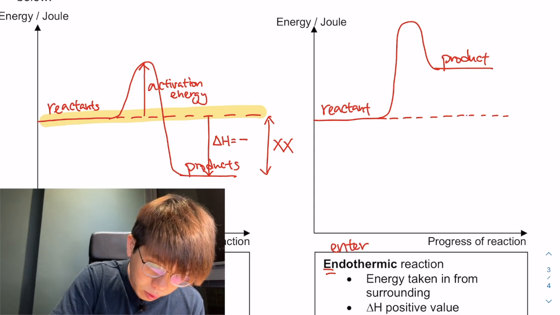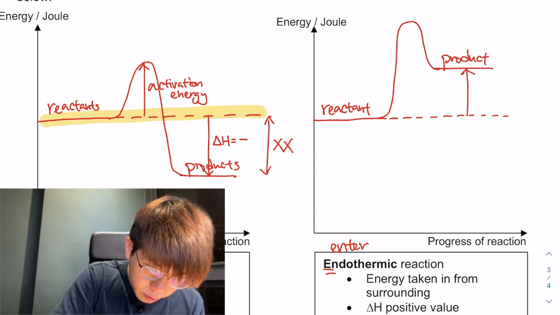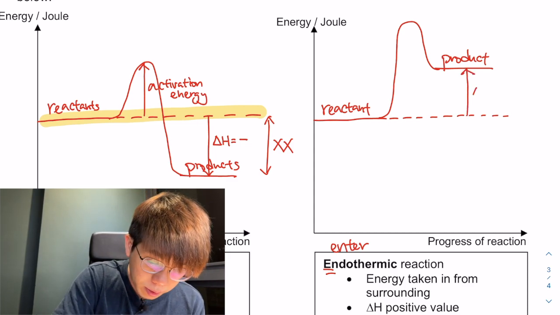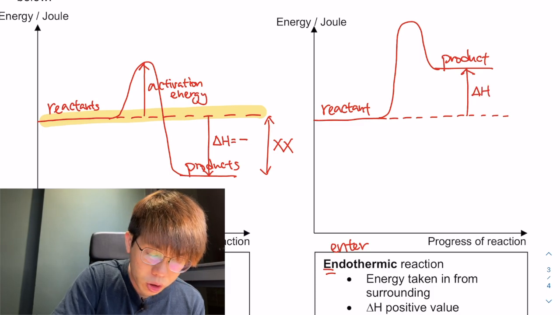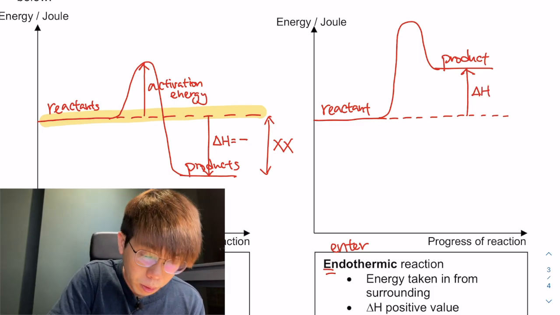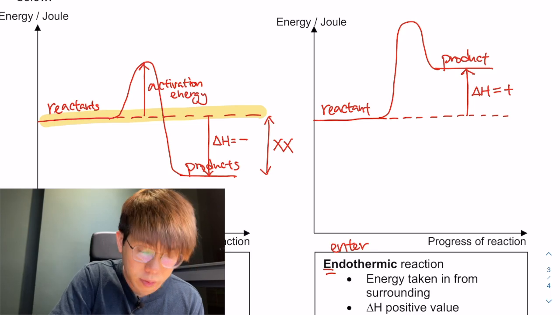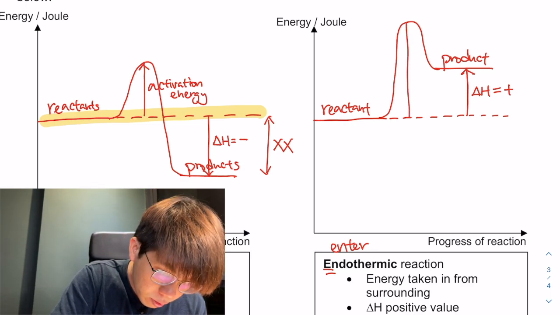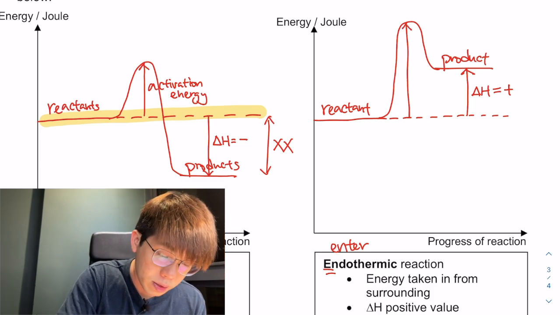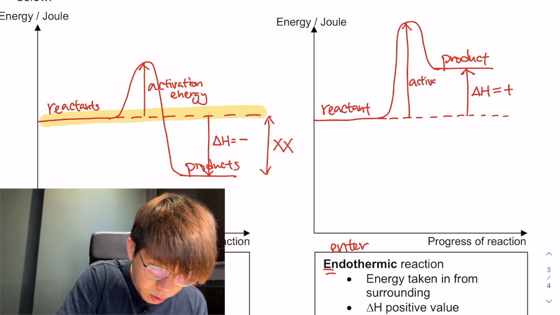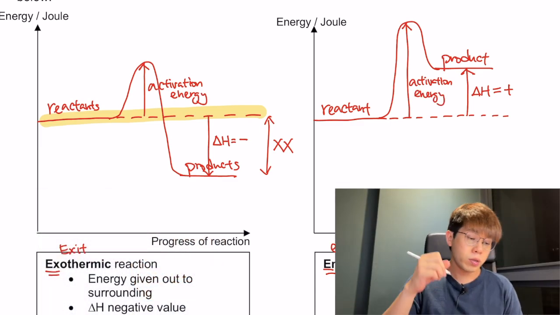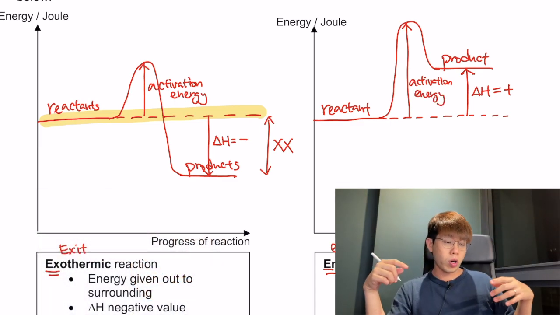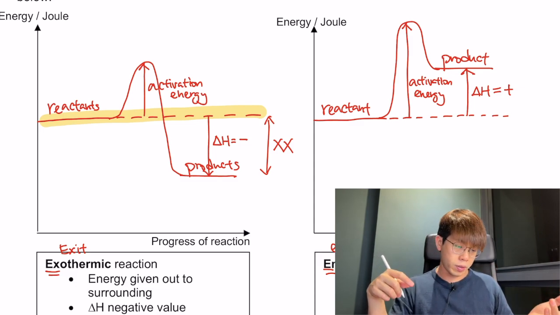First, from the dotted line to the product, a single arrow: this is my delta H, my enthalpy change, and this time it will be positive, equal to plus. And then from the dotted line all the way to the top, this is my activation energy. This is how we draw the energy profile diagrams.